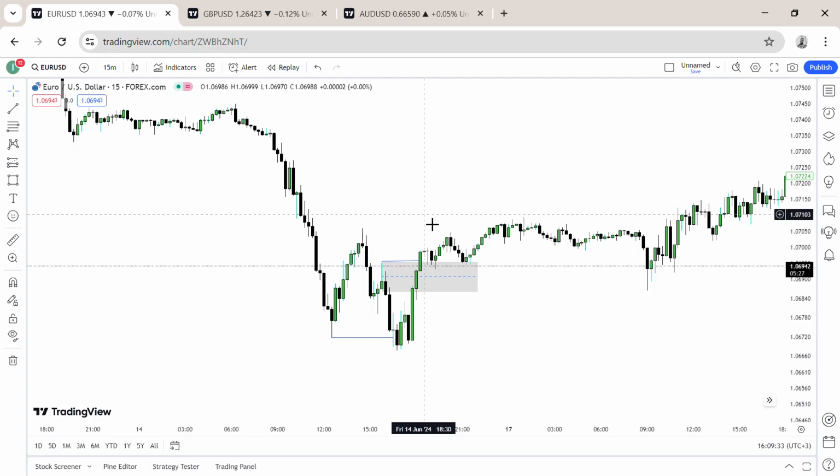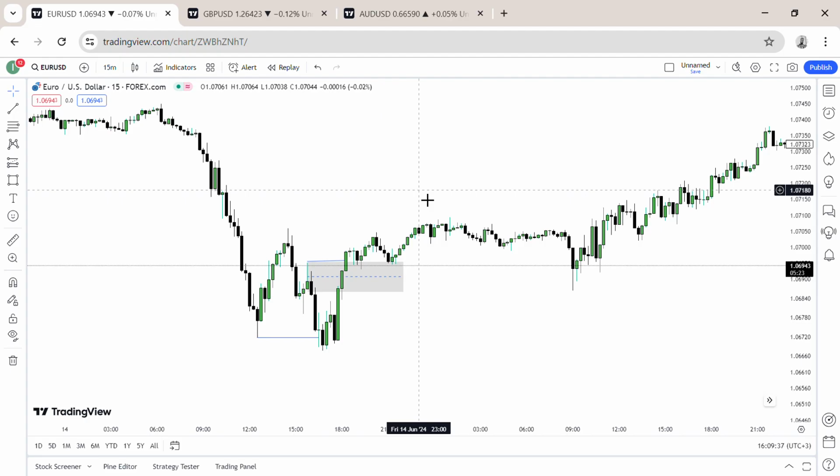So the whole point here lies on a break of structure and a failure swing. A new high and a failure to cause a new high. When you see a failure to cause the new high, look for a mitigation block. When you see a break of structure causing a new high, that is a breaker block.